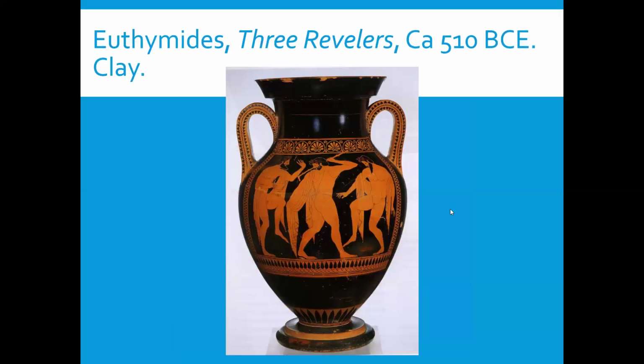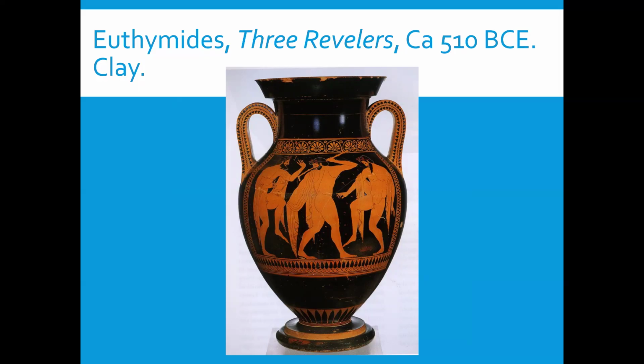I wanted to show you these three revelers. So often the theme on the vase would relate to what kind of material would be held inside the vase. So this is a wine vase, and we have Euthymides, three revelers here, and that means this is a wine vase, and here are three drunk guys, and they're doing a little dance.